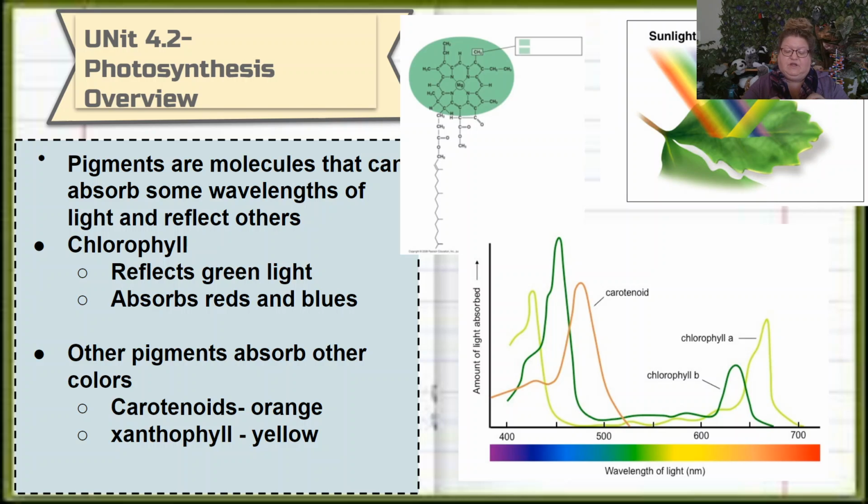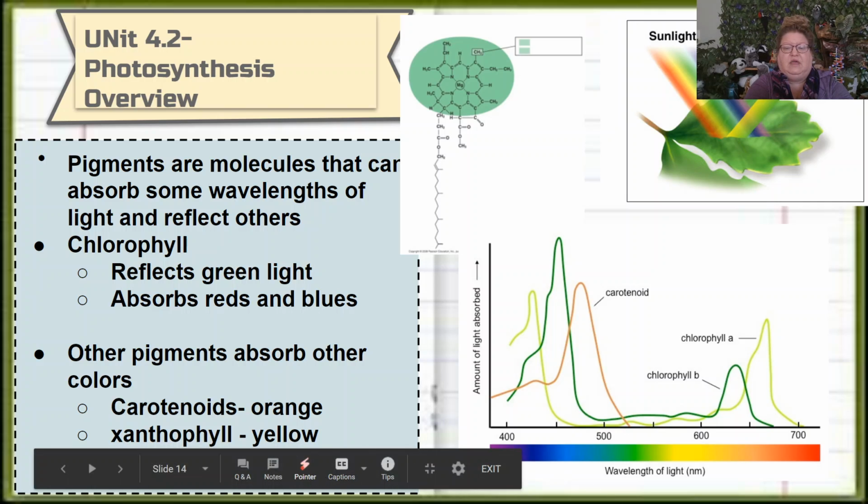So for instance, I've got this candy bar that's red. Well, the red wrapper has a pigment that's reflecting red wavelengths back to you. If it's green, then it's reflecting green wavelengths. And chlorophyll is a green pigment that is reflecting back green light, and that's why we see it as green. Now that means it absorbs other wavelengths.